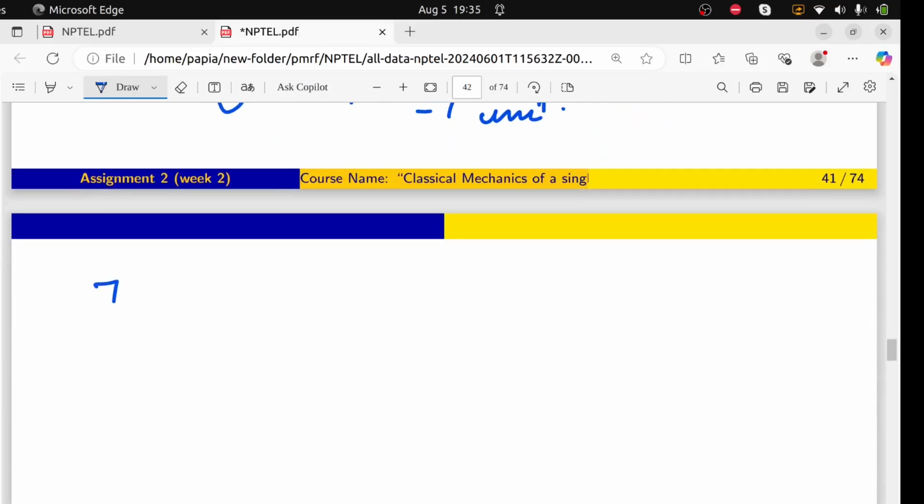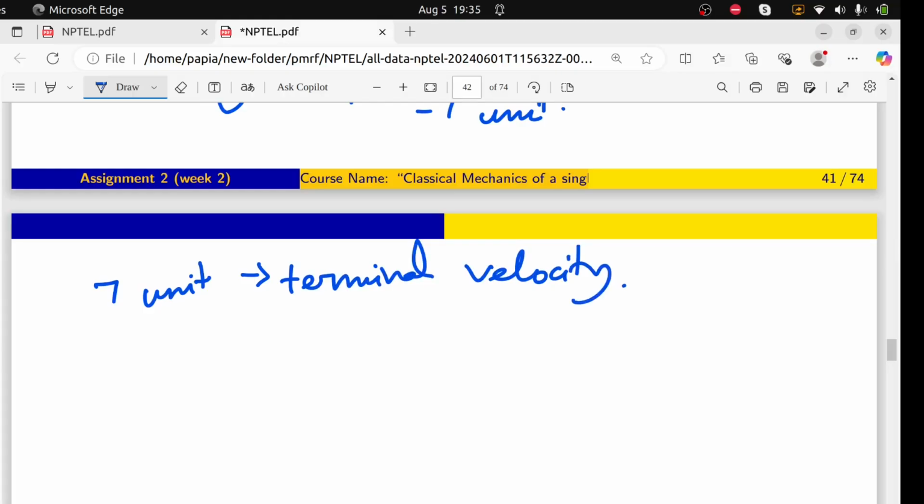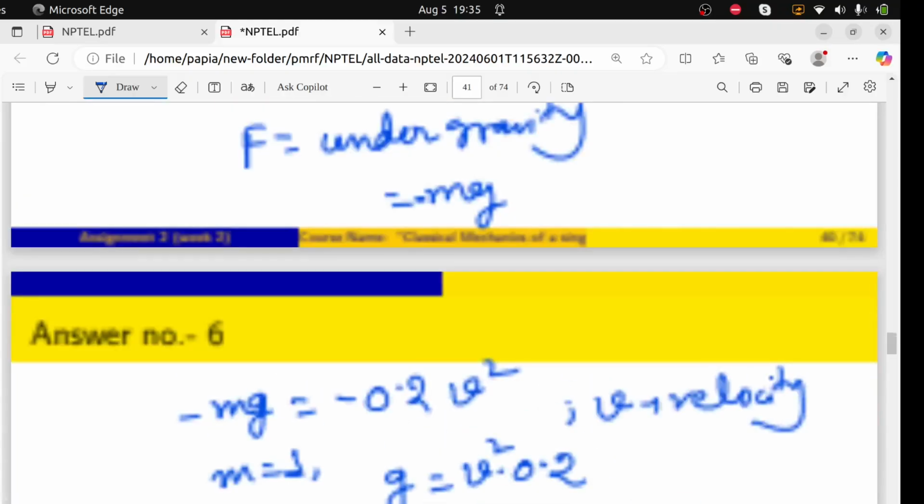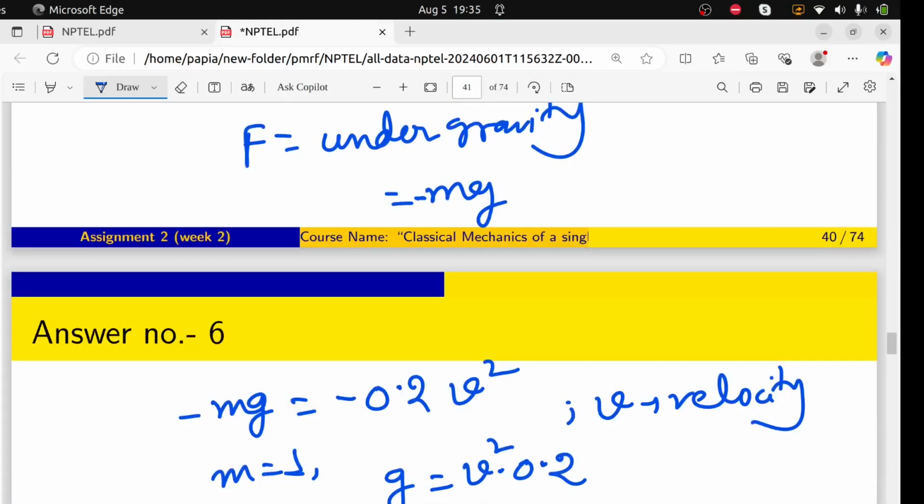So 7 units terminal velocity. Okay, so this is the answer. Now coming to the options here, which one is the correct option?